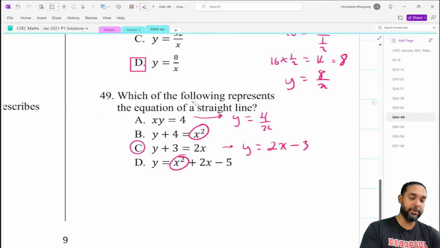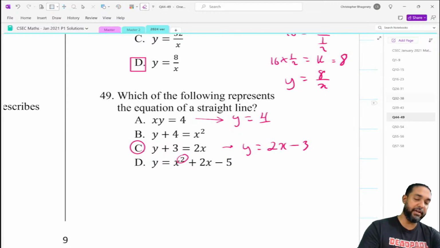That could only be option C, because B and D had squares, which were the highest power, so those made them quadratics. And x by y can change to y equal to 4 over x, and that's a curve. Once you have 1 over x, anything over x, you get a curve like this.